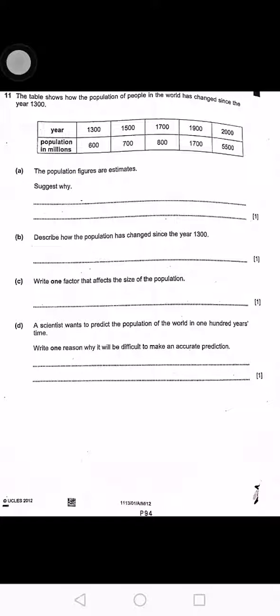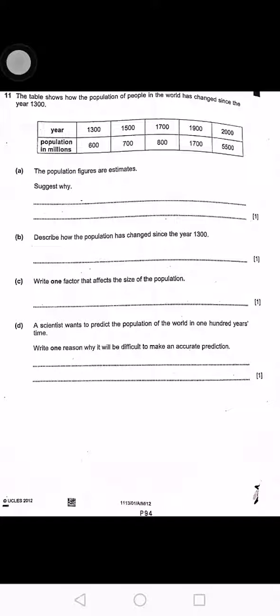D. Scientists want to predict the population of the world in 100 years. Write one reason why it will be difficult to make an accurate prediction. Why is it difficult to get an accurate result? As we said before, there is no constant increase. At first I had a constant increase by 100, but after that there was no constant increase.